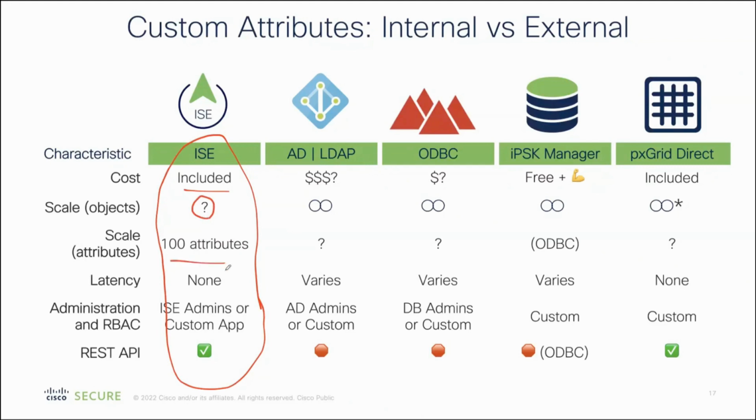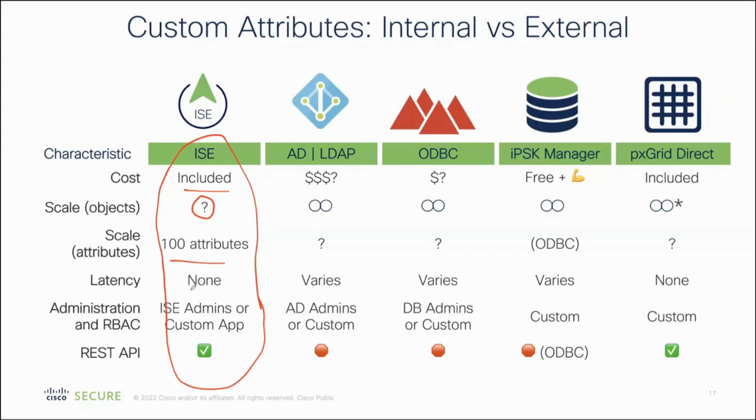I do know there's a 100 attribute limit, so if you have more than 100 columns of data that you want to track, you're going to quickly outgrow custom attributes in ICE. And plus, since you have to manually add everything anyway, I don't think anybody would want to manually add 100 attributes or more. So you're probably better off doing something else.